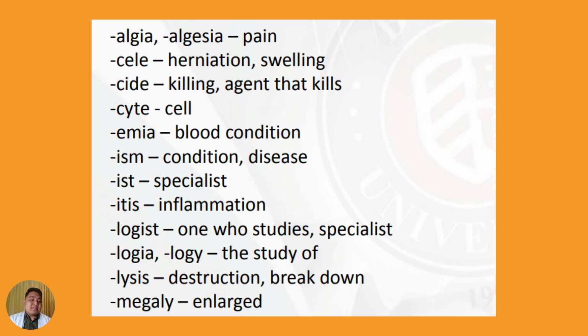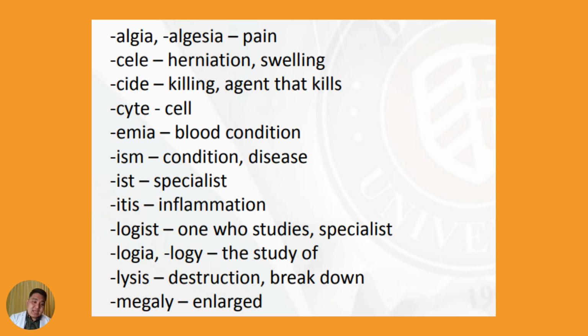Cyte means cell. Emia means blood condition. Ist means specialist. Itis means inflammation. If we combine the word appendix and itis, we can form appendicitis, which means an inflammation of the appendix.